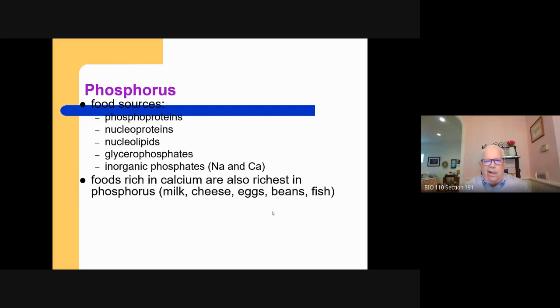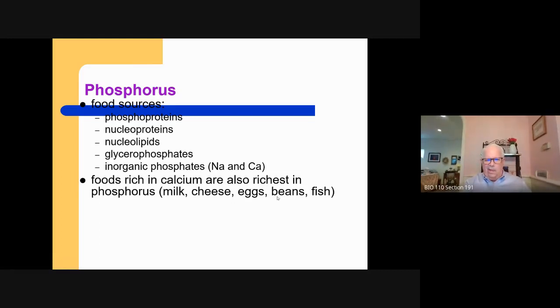Phosphorus: wherever calcium goes, phosphorus goes, and everything rich in calcium is rich in phosphorus. These are the foods that are rich in calcium and phosphorus: milk, cheese, eggs, beans, and fish. The only time a vegan would get calcium and phosphorus is by eating beans, and you can't eat enough beans to get enough calcium and phosphorus.